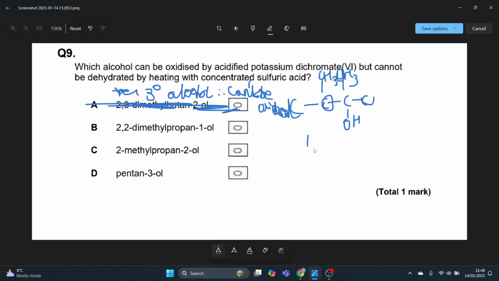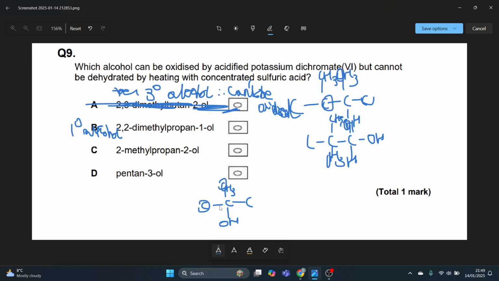This one, methane, ethane, propane, alcohol group on the first carbon, CH3, CH3, perfect, that is a primary alcohol, so it could be that. To look at the rest though, can't just jump. 2-methylpropan-2-ol, methane, ethane, propane, OH group, CH3, that is a primary, secondary, tertiary alcohol.